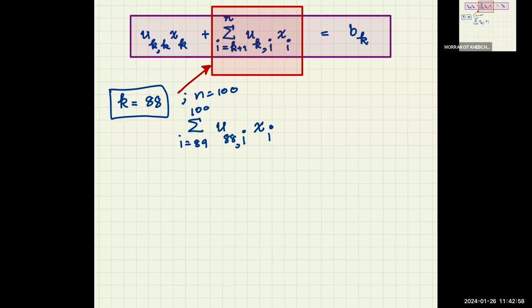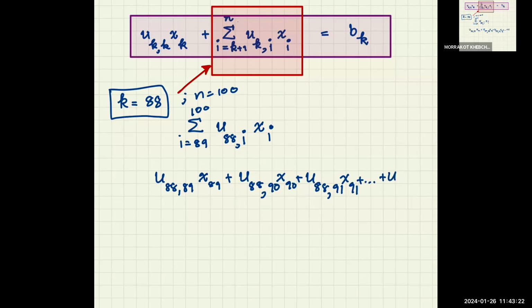So you have to calculate u 88,89 x89 plus u 88,90 x90 plus u 88,91 x91 plus and so on plus u 88,100 x100. Okay, this is how you sum it.